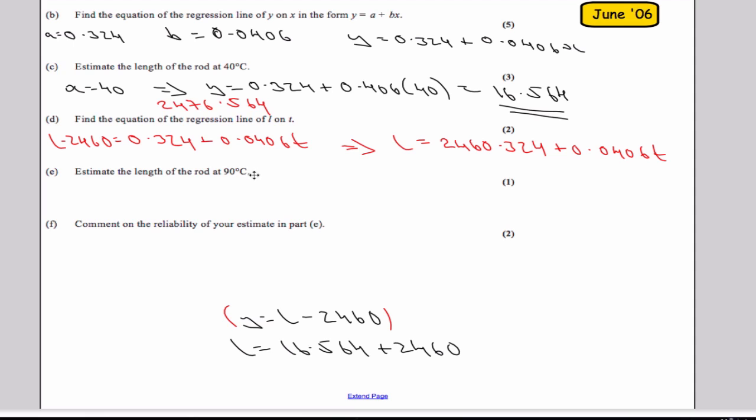Estimate the length of the rod at 90 degrees C. So I'm going to plug 90 in for t.